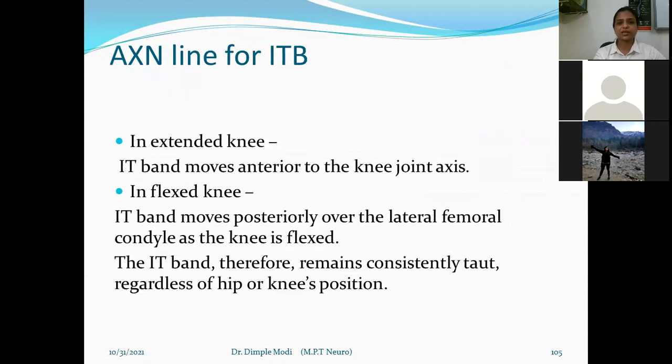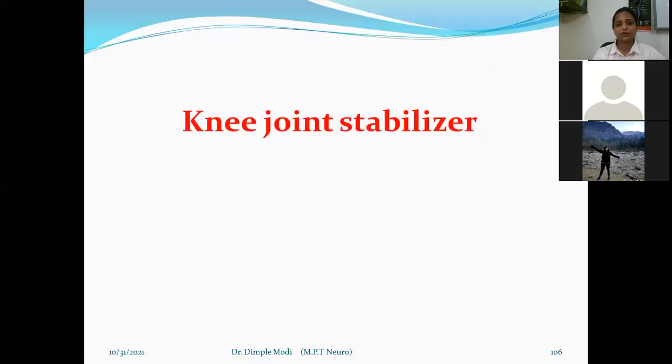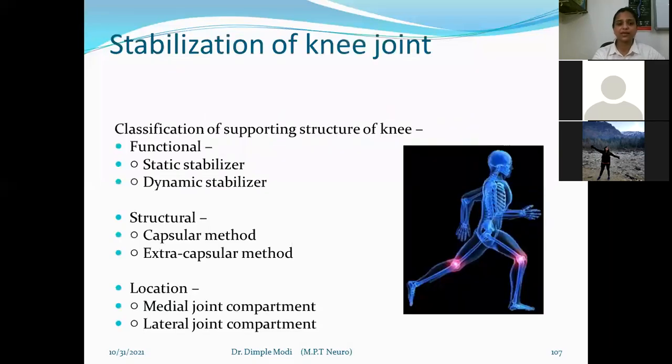So what is the action of the ITB? In the extended knee, the IT band moves anterior to the knee joint axis, and in the flexed knee, the IT band moves posterior to the lateral femoral condyle. So all the time it is taut, regardless of the hip or the knee position, which increases the stability of the knee joint.